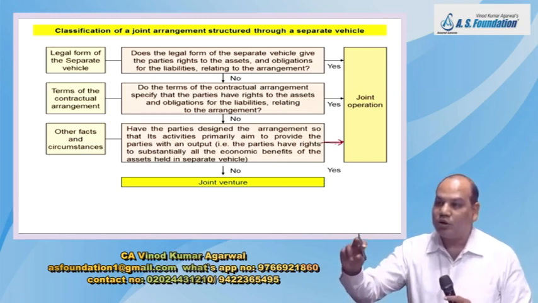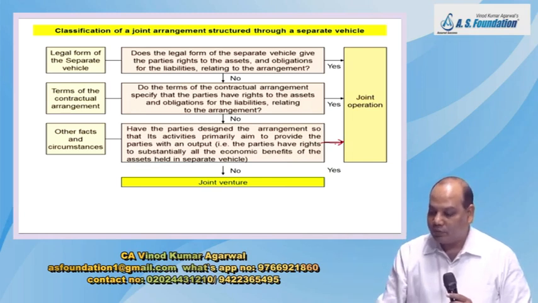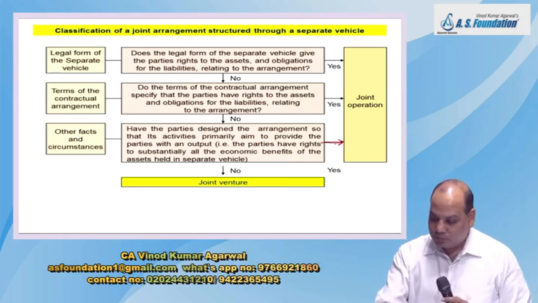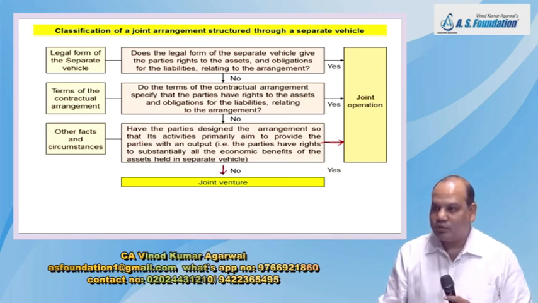They normally do not sell the output. Then that is also a case of joint operation only. But sometimes they allow the output to be sold to outside people also. And if that is the case, then it will become a case of joint venture.